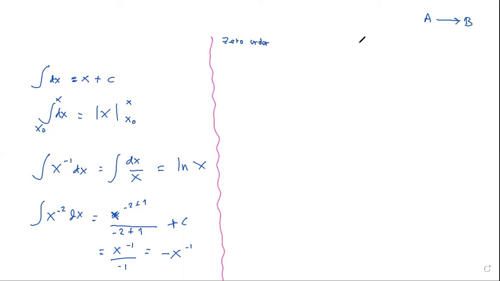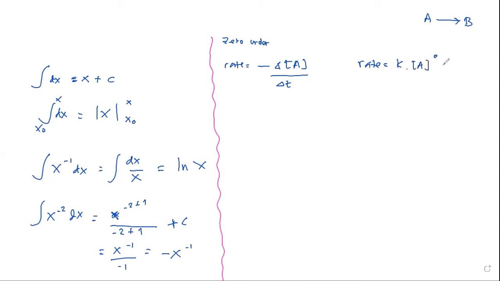As you know, the rate of reaction can be expressed as the decrease in concentration of A. That means I will give a negative sign here: negative change in concentration of A over time. Or it can be expressed in the rate equation like this: rate equals k times concentration A to the power of 0.